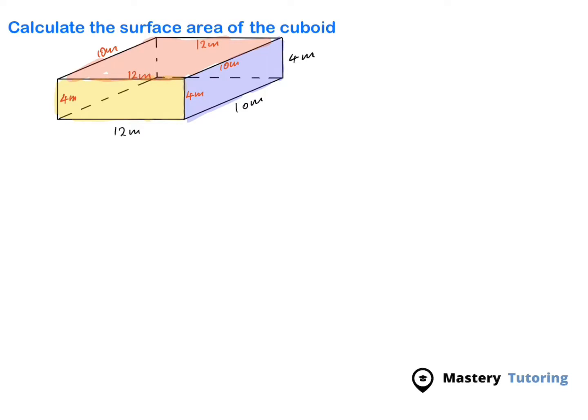So now I want us to name these shapes. I want us to name them from 1 to 6 because there are 6 sides. Let's name them randomly. I'm going to call this one 1, 2, 3 is the top one, and then 4 is going to be the one at the back, the one that you can't see.